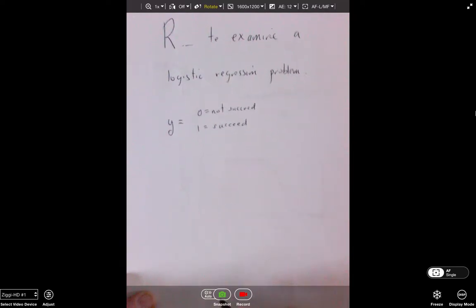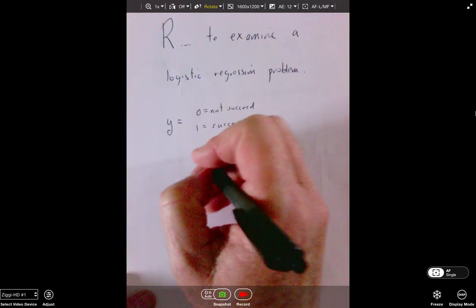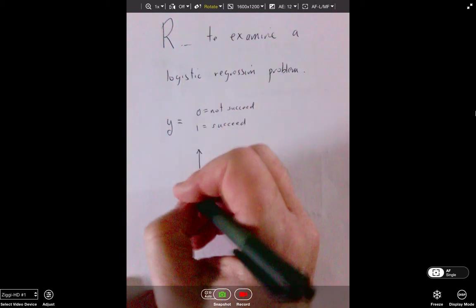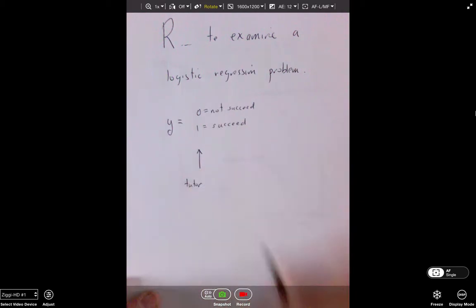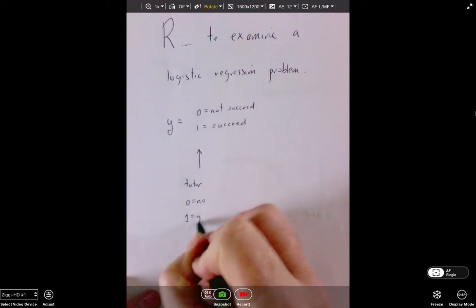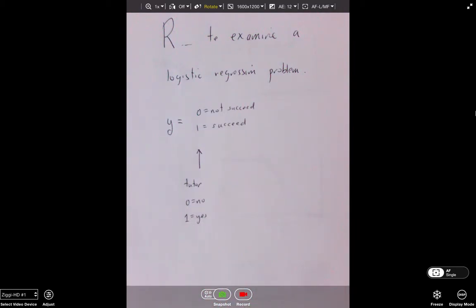And we're going to predict this from a categorical predictor and a continuous predictor. One of them is called Tutor. And Tutor is, did the student attend Friday tutoring sessions? Easy for you to say. I forget how this was actually broken down, exactly: 0, no, 1, yes. And it seemed like maybe they had to attend five or more that they did regularly attend. Or again, I forget exactly.